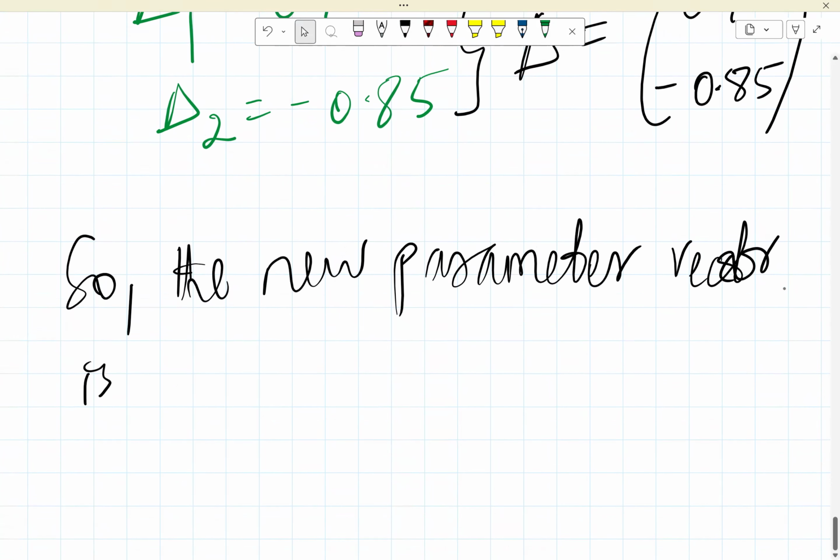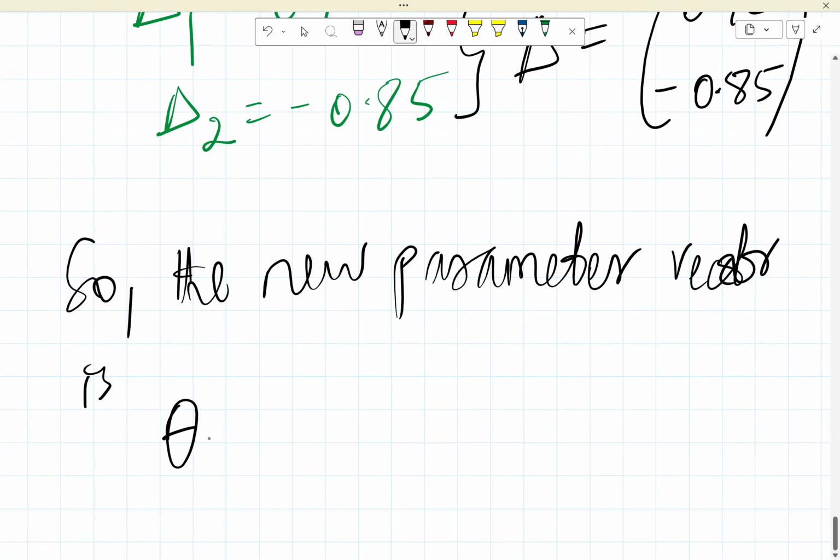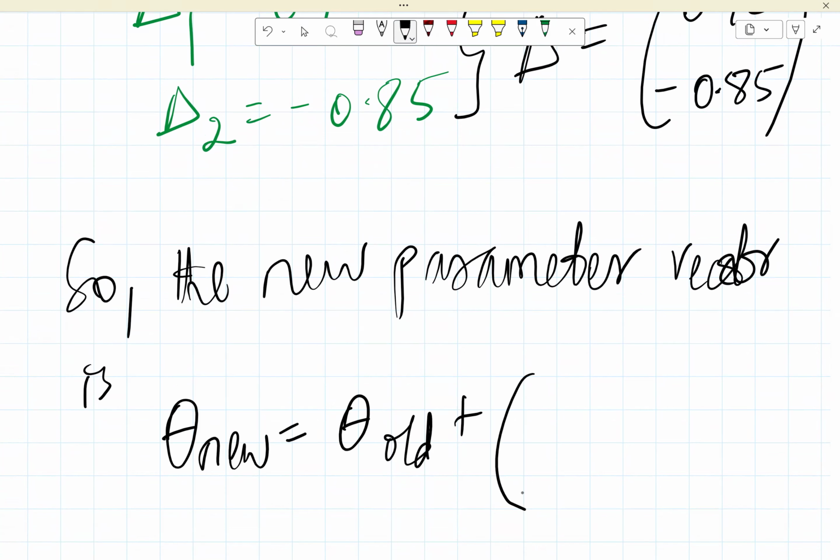So the new parameter vector is theta new equals theta old plus 0.15 minus 0.85, like that.